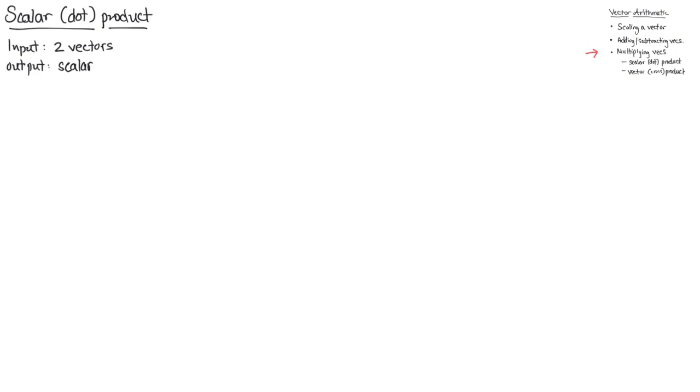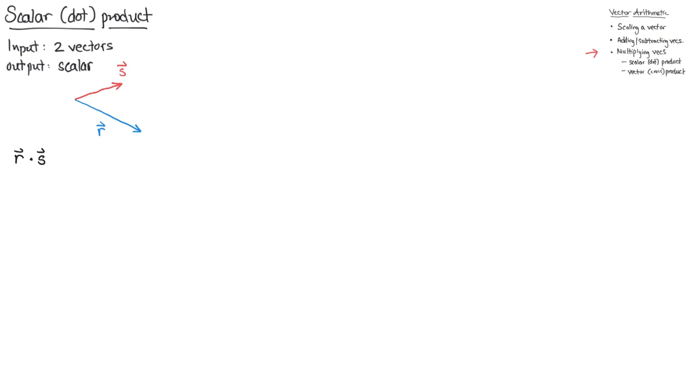With a scalar or dot product, the input is two vectors and the output is a scalar, hence the term scalar product. Let's take as a starting point two vectors, r and s here, and the notation we'll use for the dot product is r dot s.